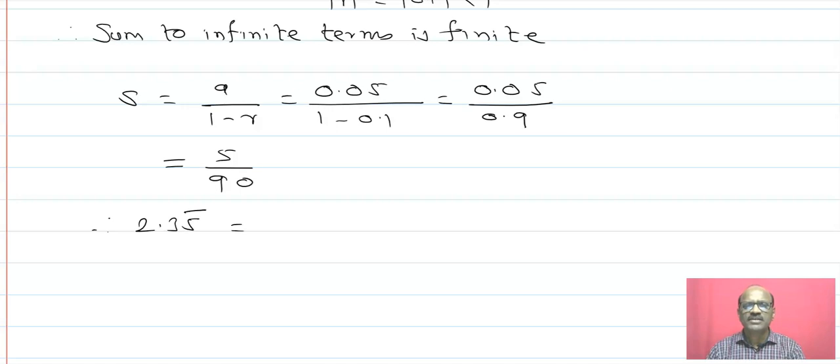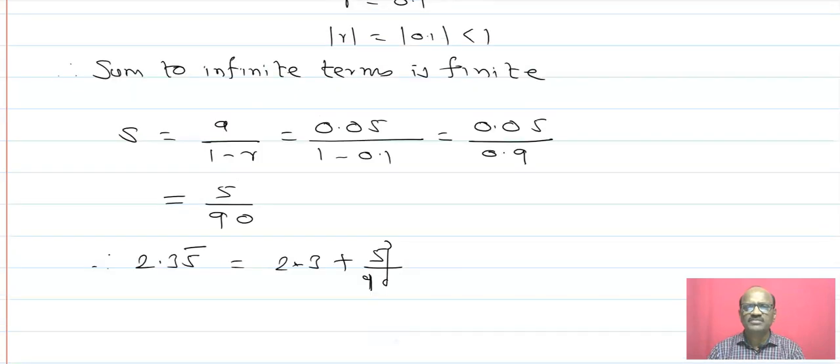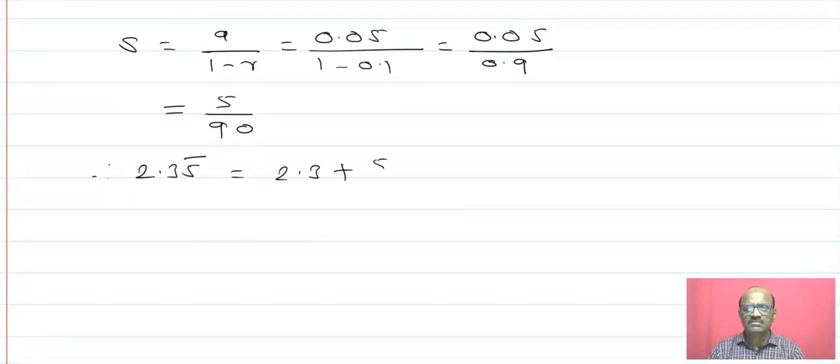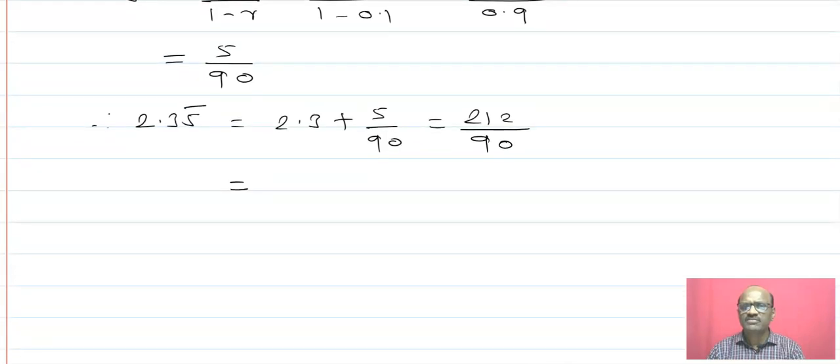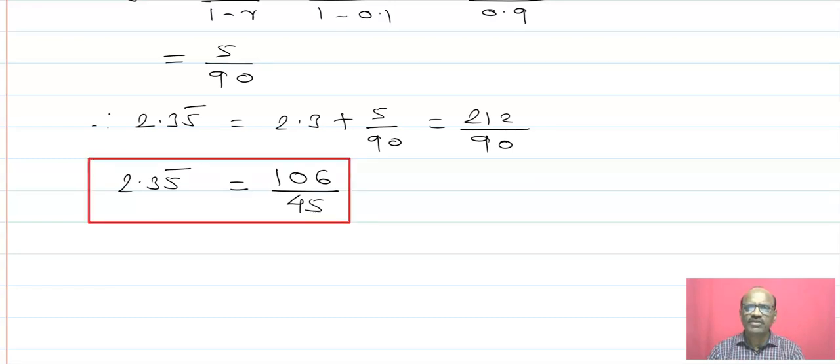So 2.35 recurring is 2.3 plus 5 upon 90. Now we will calculate this by multiplication: 2.3 into 90 plus 5, then you will get 212 upon 90, and again we can divide by 2, you will get 106 upon 45.